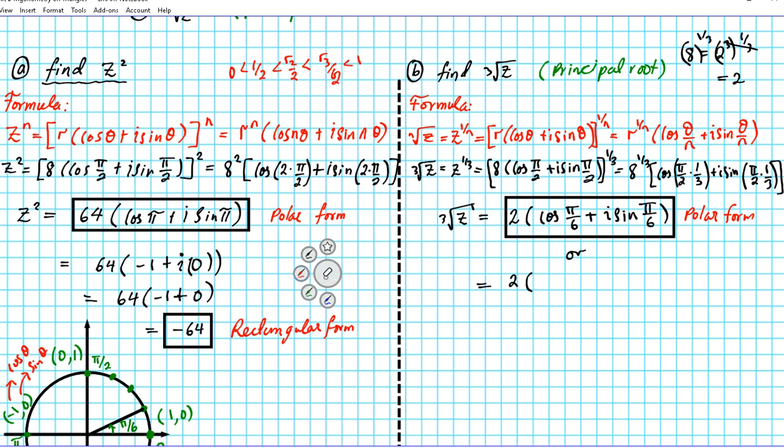Those are the sequence of numbers that repeat themselves in the unit circle. The signs just differ for the respective quadrants. What we're looking for here is the pi over 6 or 30-degree point, which is this one right here.